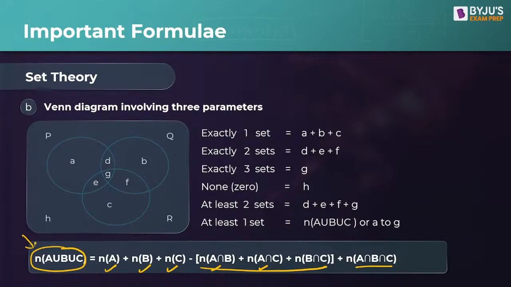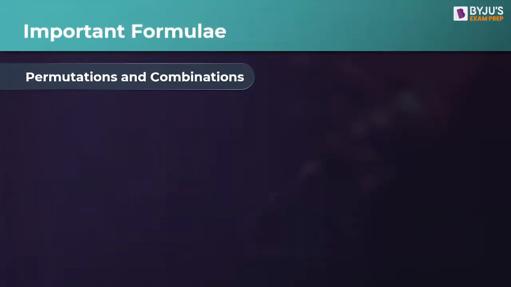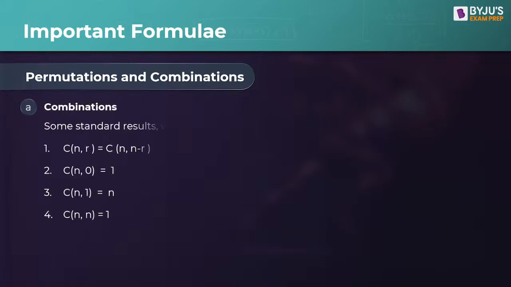All right, fine. Now moving ahead to some concepts of permutation combination, some of the very basic things. Obviously, I don't need to get into the depth of the concepts because we will do that through the questions. First of all, some important formulas for combinations. NCR is always equal to NC(N minus R).